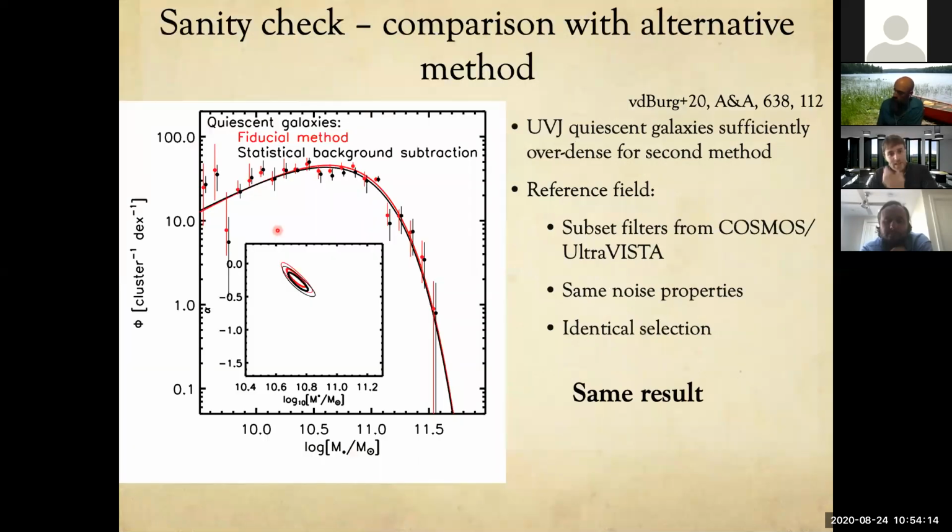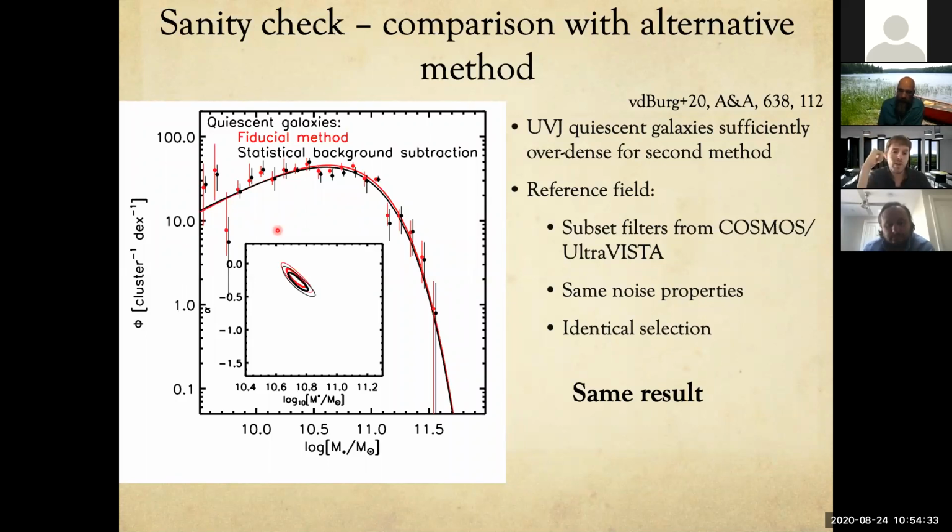Now, a sanity check is to compare it with a different method to determine membership. It has been used throughout the literature, and this is what we can do for the quiescent population, which is to make a purely statistical background subtraction. This is not using any of the spectroscopy.